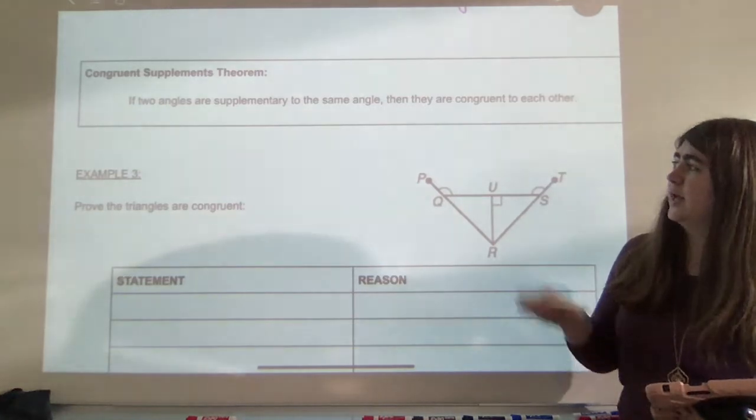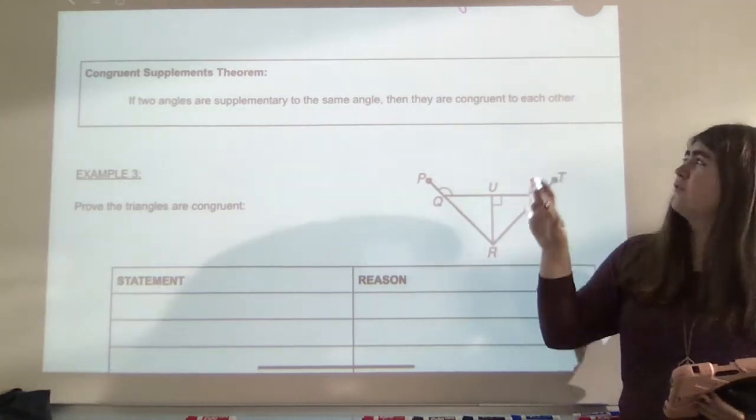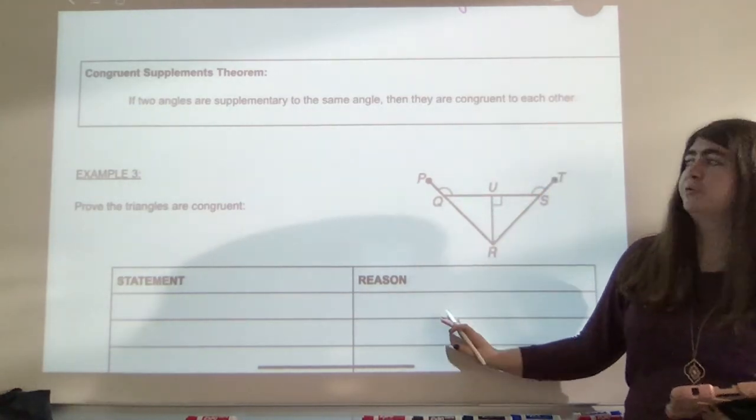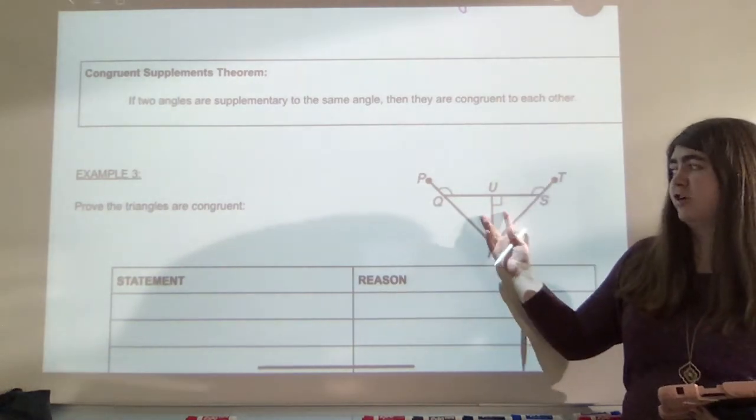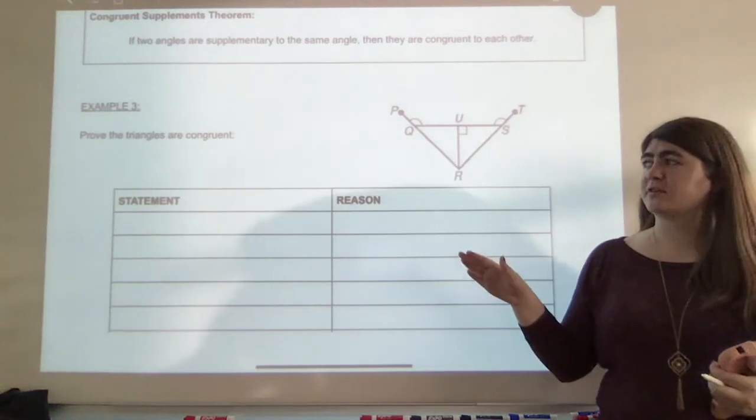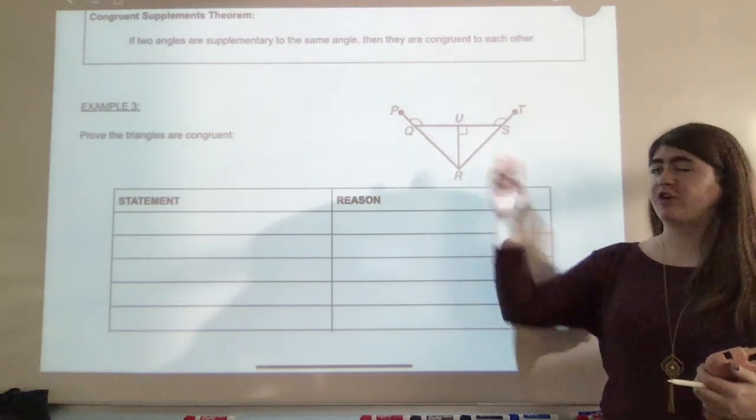So we will go ahead and take a look at exactly more of what that means when we start working on this proof, because we do need to use this in order to prove that these two triangles are congruent.